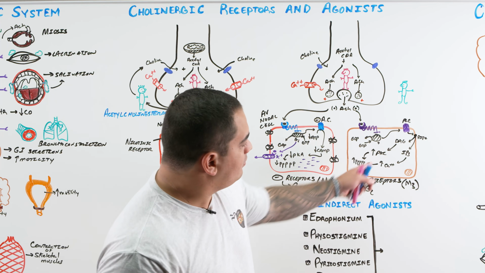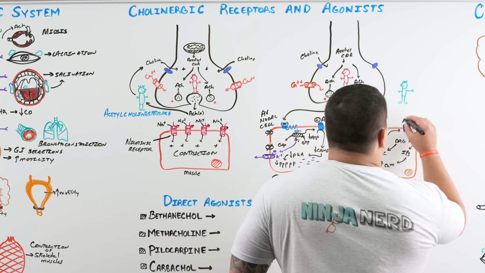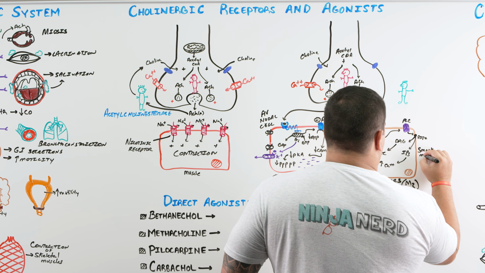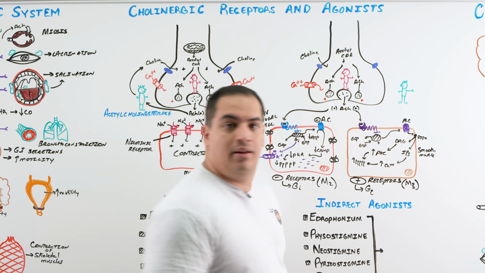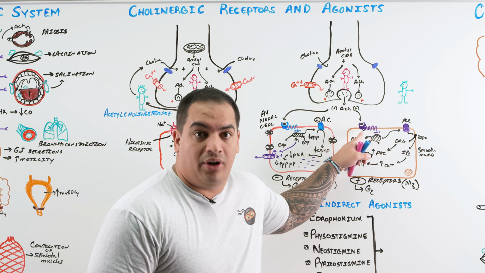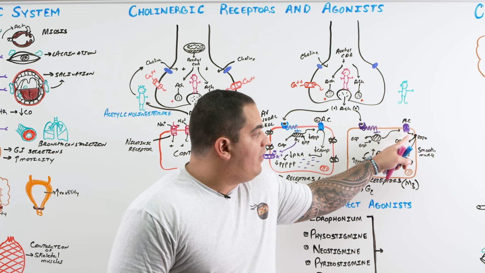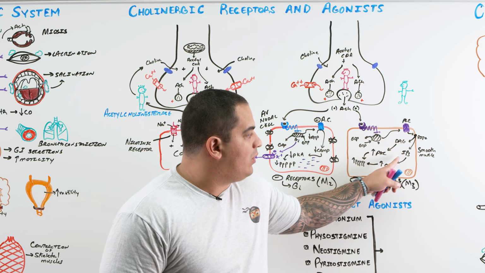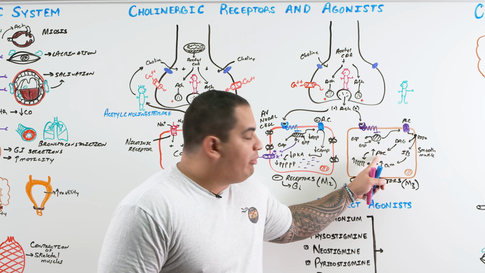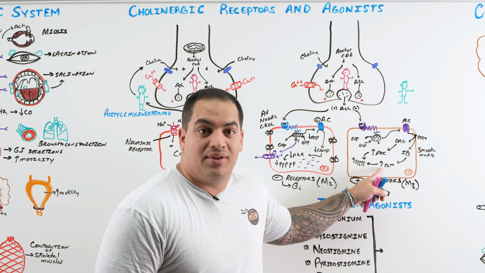For example, let's pretend that this is a smooth muscle cell of the GIT. Acetylcholine gets released, activates this M3 receptor, and increases the activity of phospholipase C, increasing diacylglycerol and IP3. If you increase these, they're going to activate protein kinase C and increase calcium levels.